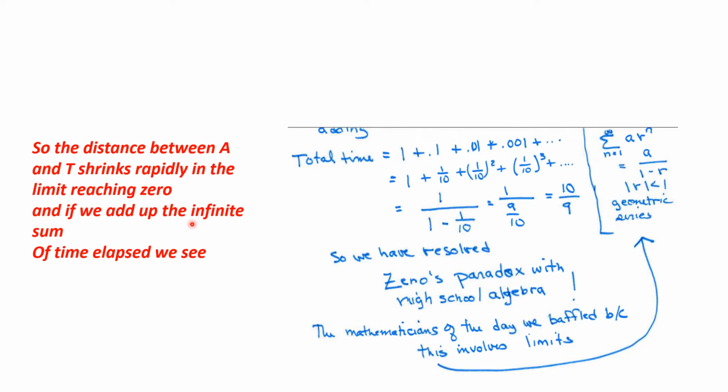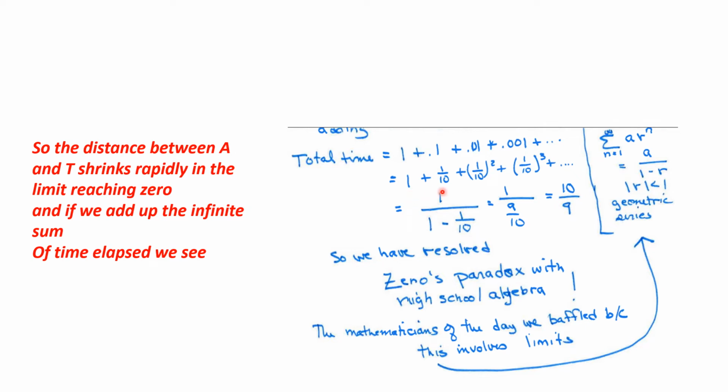And if we add up the infinite series of times elapsed, we'll end up with the total time being 1 plus 0.1 plus 0.01 plus 0.001 plus, and it goes off to infinity. Now this is the same thing as all of these decimals are 1/10.